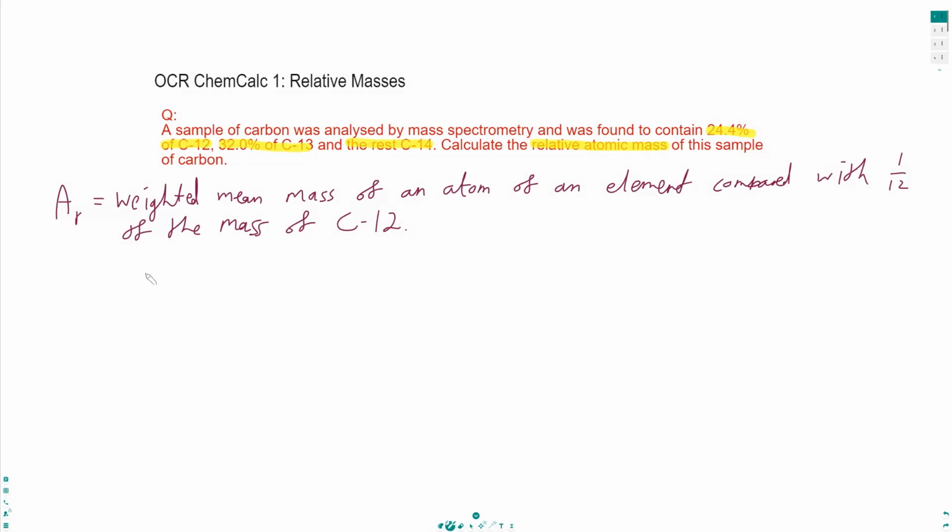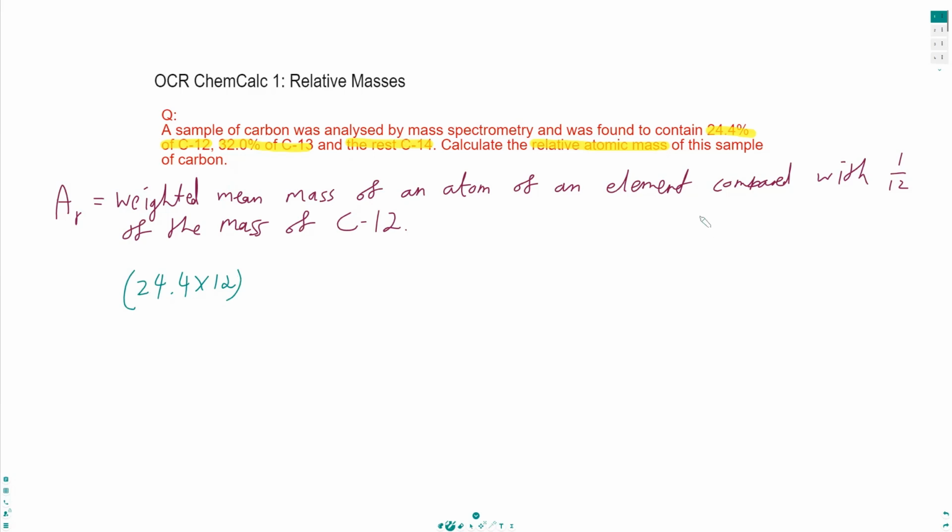So for example, here you would do 24.4 times 12, then here you do 32 times 13, and then whatever's left times 14. Actually, the first thing we need to do is work out how much carbon-14 we have. Remember, these are percentages.